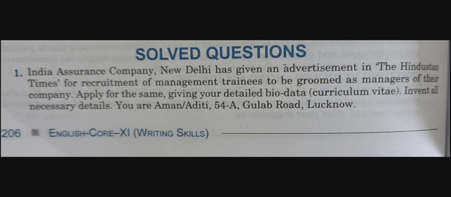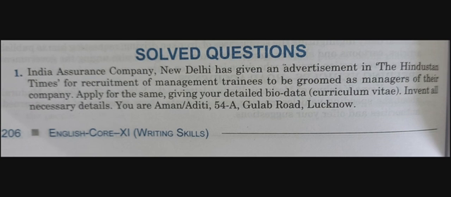Children, first of all, we will have to read the question properly. Now, first of all, you will have to find out who is the employer here, who is going to give you the job. So the name is given in the beginning, India Assurance Company, and it has given the advertisement in the Hindustan Times, and they want to appoint management trainees.